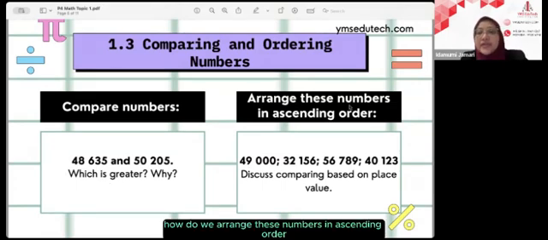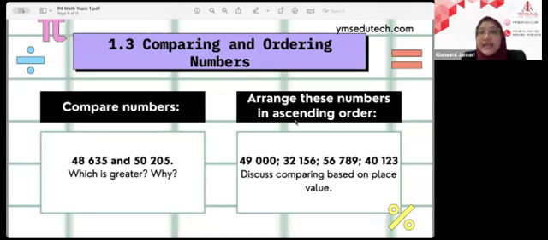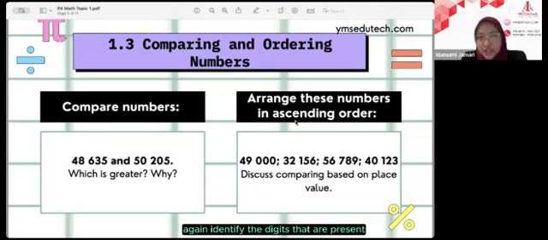Next, how do we arrange these numbers in ascending order? Ascending order means from small to big. Again, identify the digits that are present in the 10,000s place. The smallest digit that we see here is digit 3.